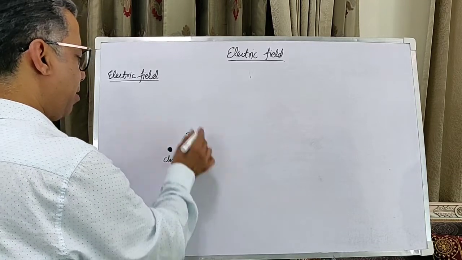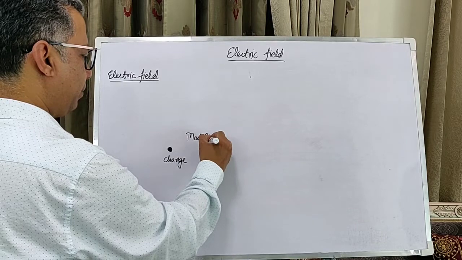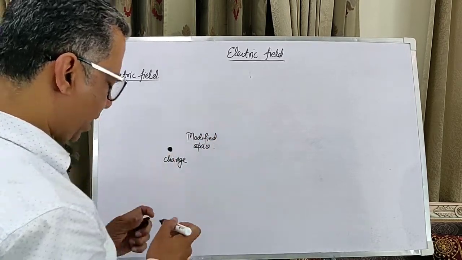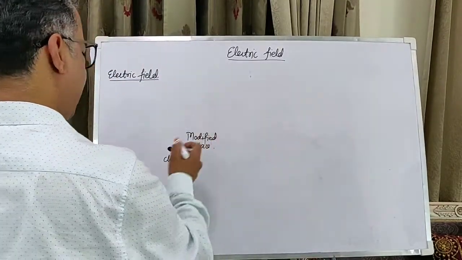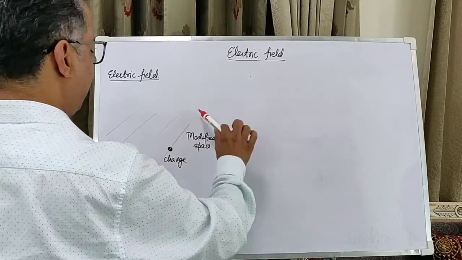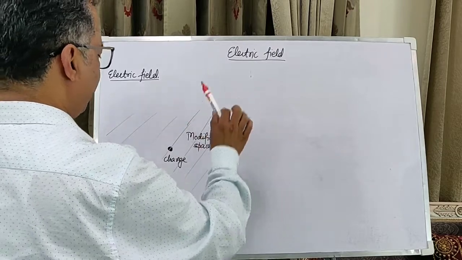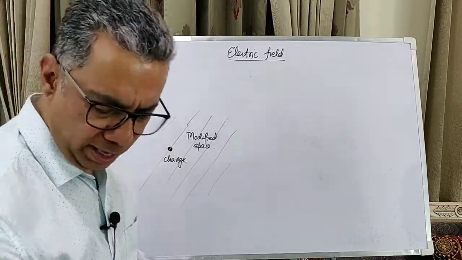So we have around it a kind of modified space, and to indicate that it's some sort of a modified space, let me do a bit of shading here. So this is a modified space around the charge. And what is the modification?